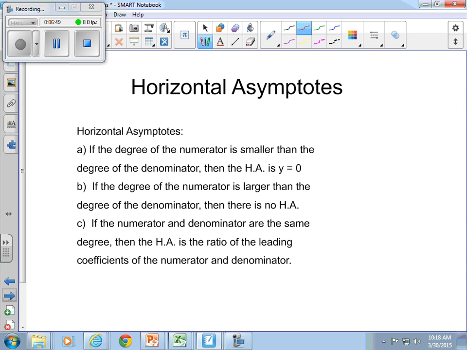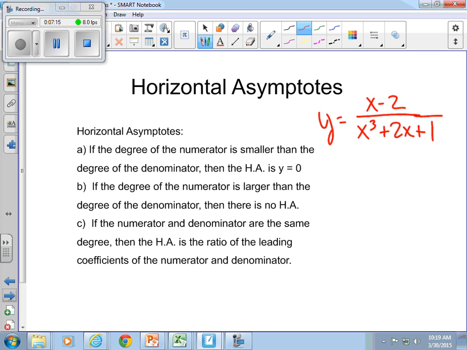When we find a horizontal asymptote, we're going to be looking at a function with x's in the numerator and the denominator. Remember with polynomials, we learned that the leading exponent was the only thing that mattered for end behavior?